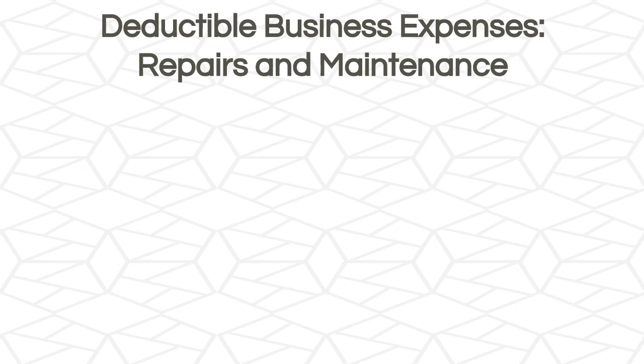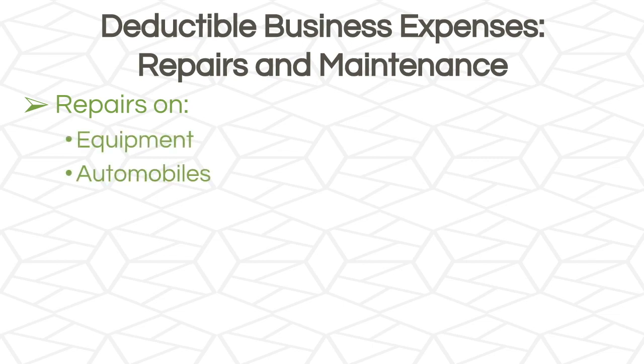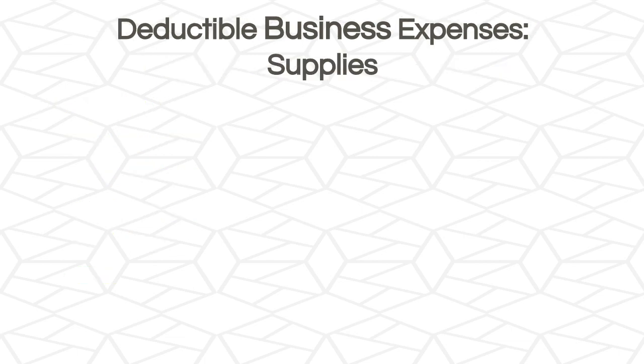For repairs or maintenance, this can be repairs on equipment, vehicles, or office space, perhaps repairs on buildings, etc. So let's talk about supplies other than just general office supplies.